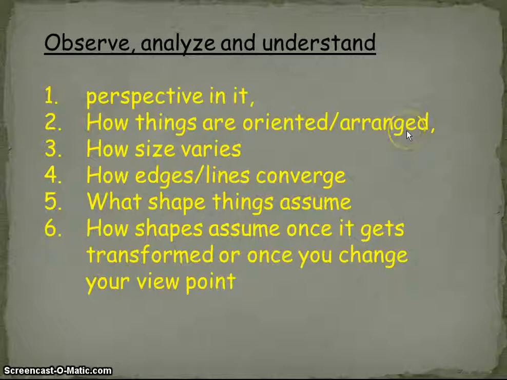For example, if you draw a circle on a flat paper, it will appear as an exact circle, but if the paper is tilted a little bit, the circle will look elliptical, isn't it? So you observe in every picture how shapes are changing. This step is an important part of your further advancement in sketching.